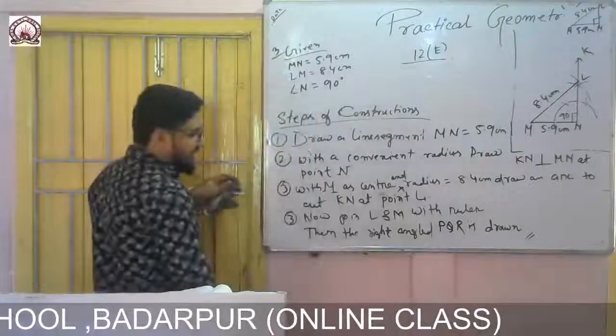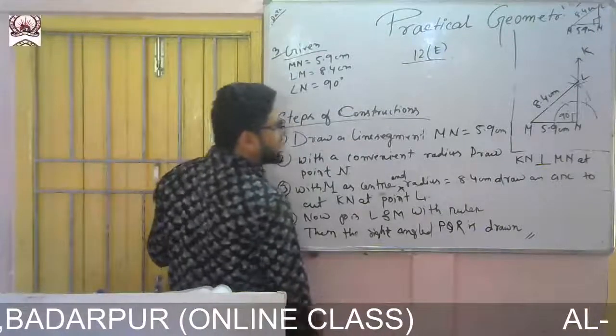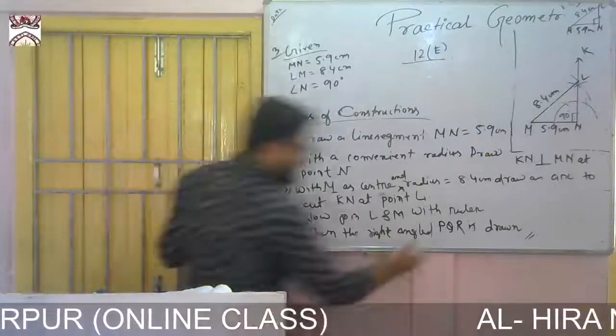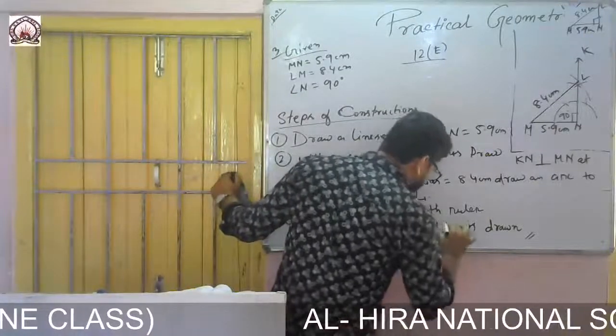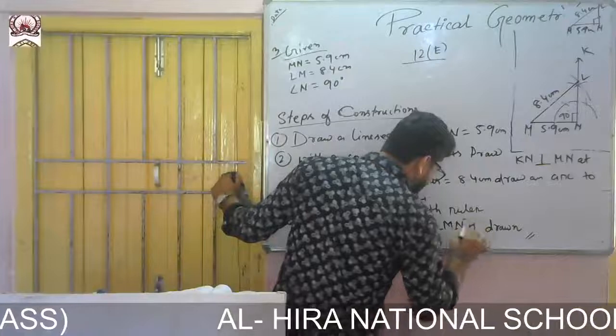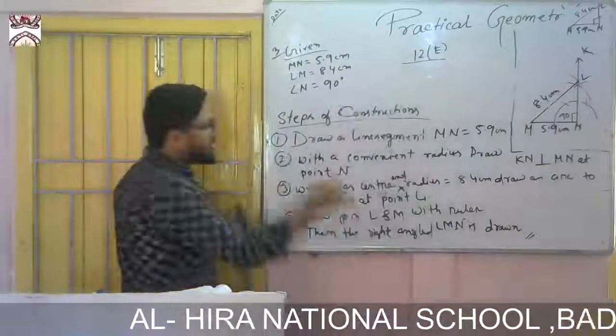Then the right triangle LMN is drawn. So these are the steps of construction.